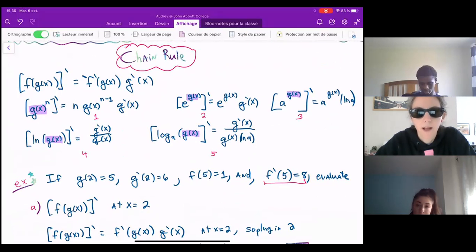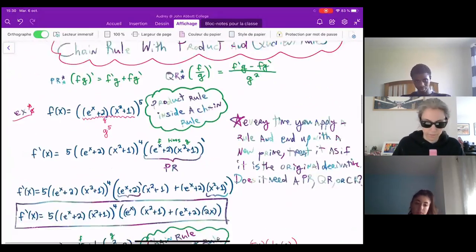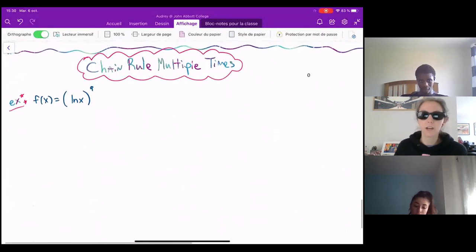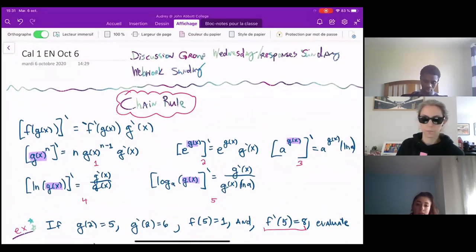Okay, I'm gonna go back and look at the problem again. Look at 4. 4 says ln of a function. Is that what I have here? Do I have ln of a function? I don't. So this is not going to be 4. We're not using 4 here. Which one am I using? 1.